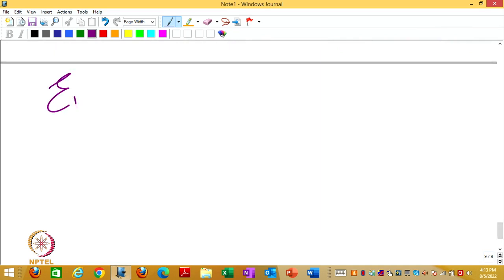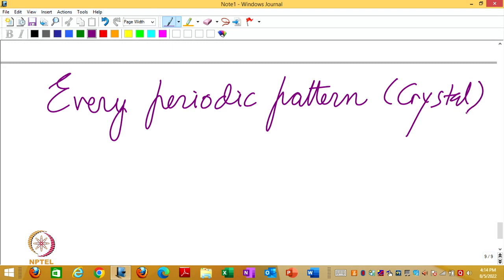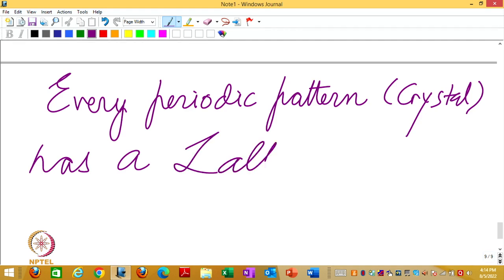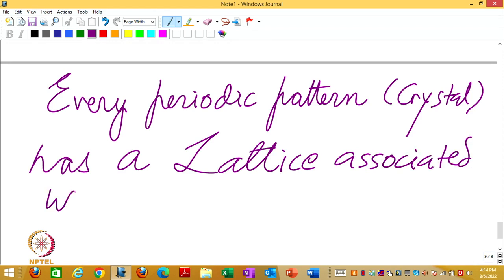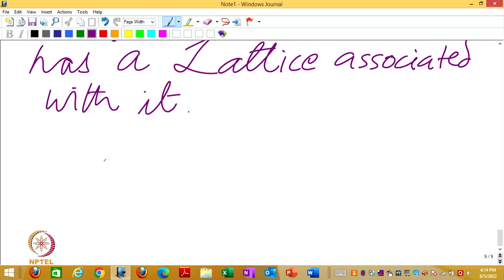So, every periodic pattern, crystal in particular, has a lattice. So, let us get back to our 1D example.